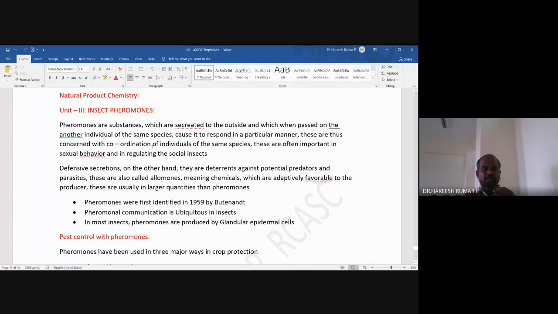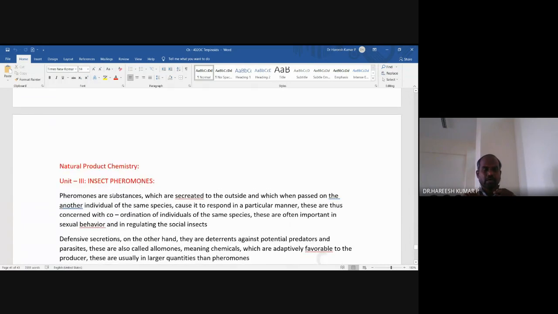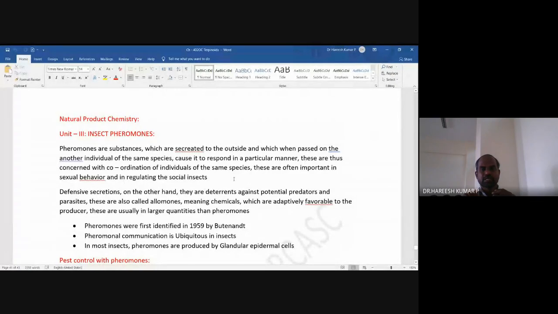Okay. So let's look into the insect pheromones. So pheromones are the substances which are secreted to the outside and which when passed on to another individual of the species cause it to respond in a particular manner. So these are thus concerned with the coordination of individuals of the same species.